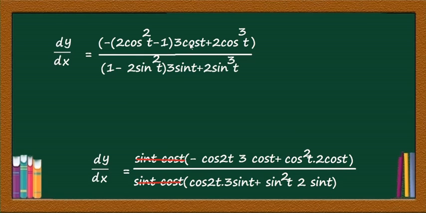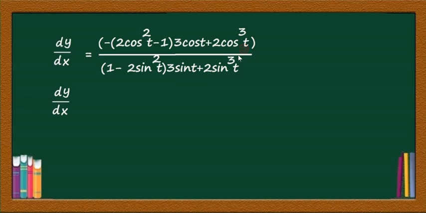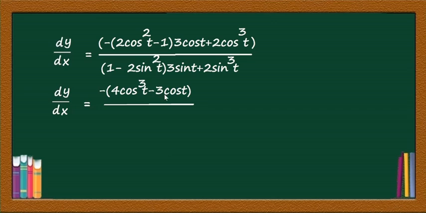If you multiply this, you will have minus 6 cos cube t plus 3 cos t plus 2 cos cube t, that is 3 cos t minus 4 cos cube t, and if you take minus common, minus of 4 cos cube t minus 3 cos t. In the denominator, 3 sin t minus 6 sin cube t plus 2 sin cube t.